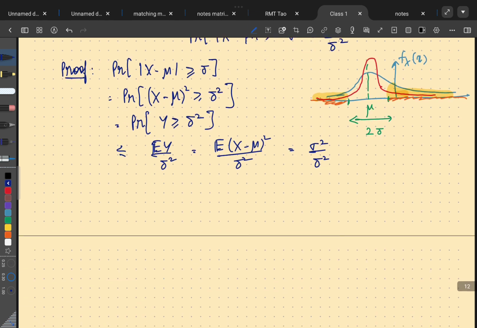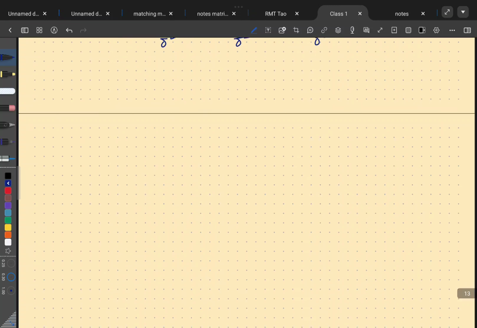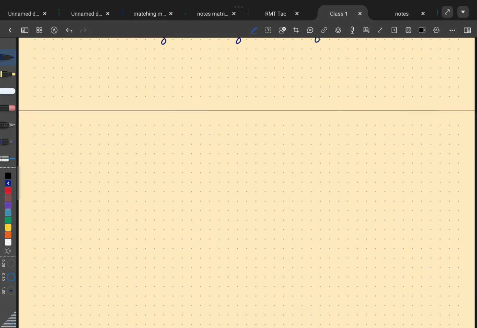So let's take a very specific example. Suppose that I have n IID random variables, x1, x2, up to xn, which are all IID, drawn according to some distribution, discrete or continuous, doesn't matter.